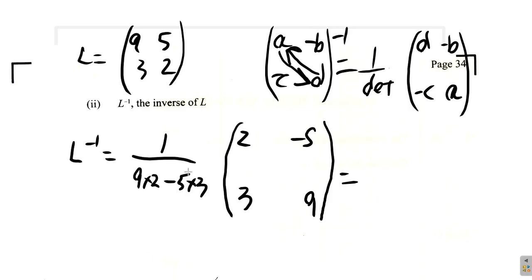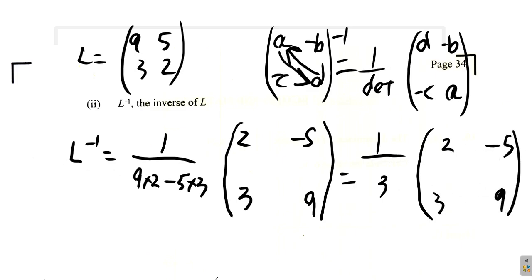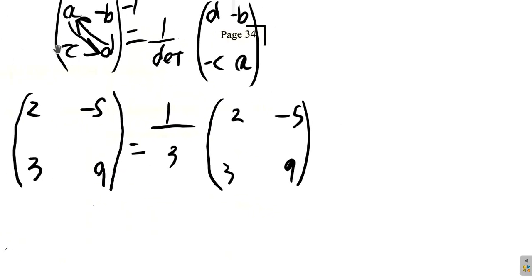So let's work this out. This is 1 over 9 2s 18 minus 5 3 15. But 18 minus 15, we'll just work that out. 18 minus 15 is what? It's 3. So it's 1 over 3 times 2 negative 5 3 9. Alright? And we can just multiply by the 1/3.